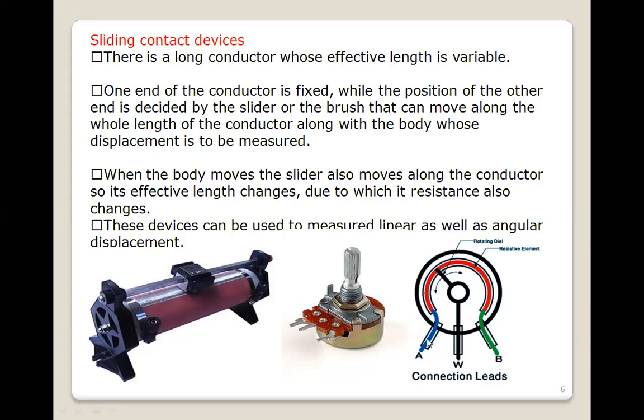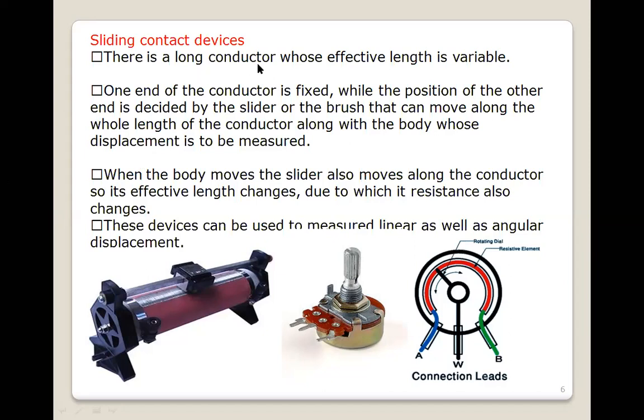Suppose there are two terminals A and B, and one sliding connector. If you change its position, the resistance between A and B, or A and W, or W and B will change according to the position of the rotating dial, because the length of the resistive element changes with the position of the dial. In this way, the resistance is changing.